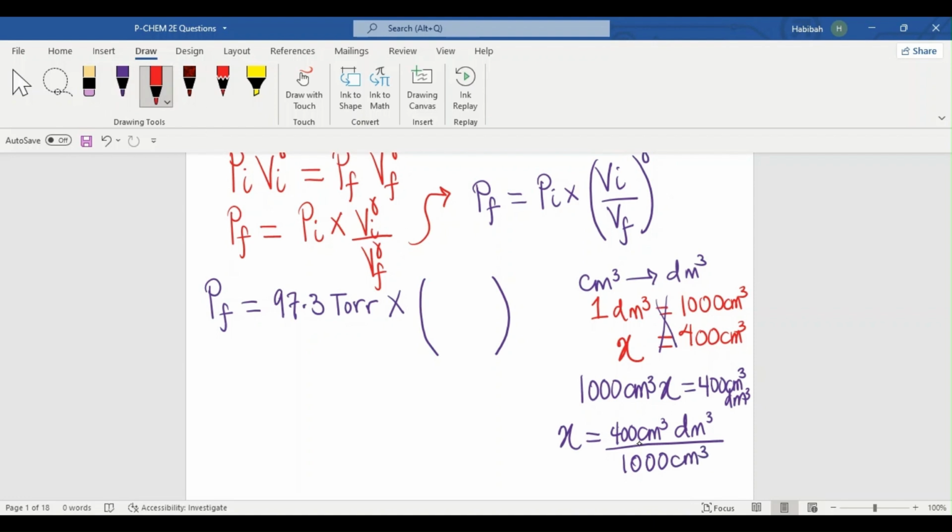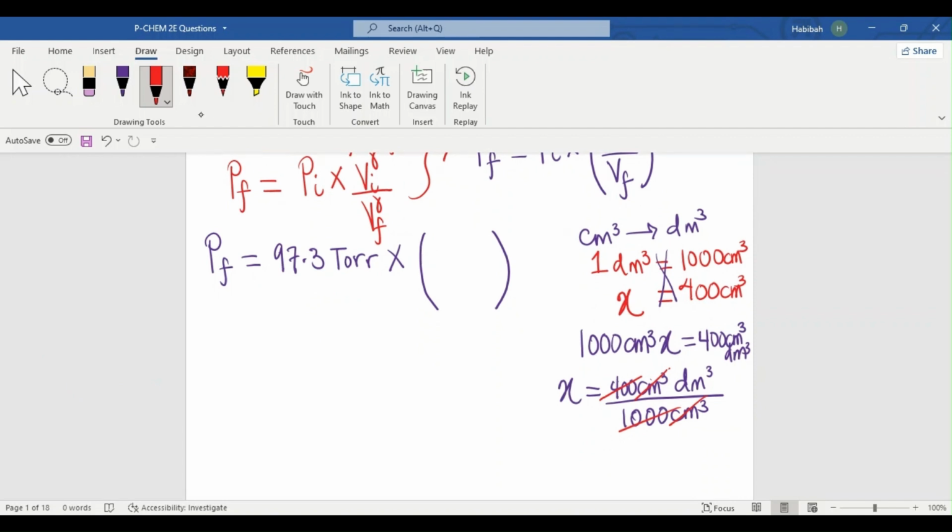Of course, you cancel out centimeter cubed, cancel out centimeter cubed, and 400 cancels with 1000 to give 4 divided by 10, which will give you 0.4. So x is going to equal 0.400 dm cubed. So that's basically how that is. So basically, the V initial in terms of dm cube is 0.400 decimeter cubed.